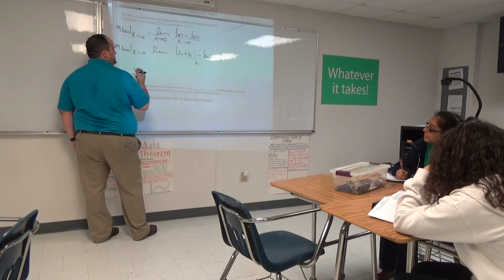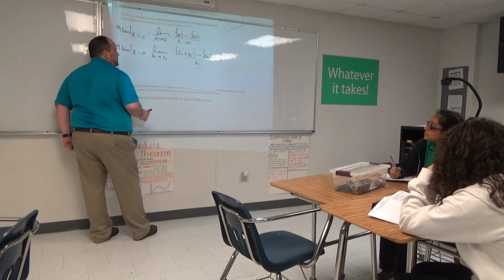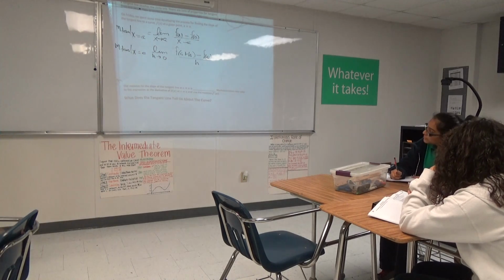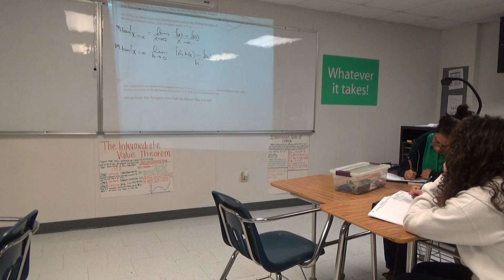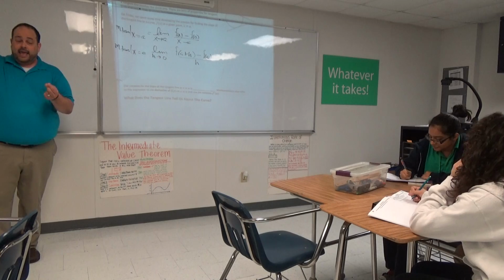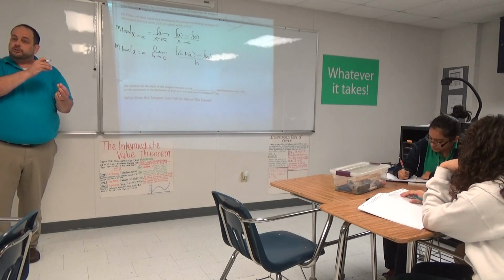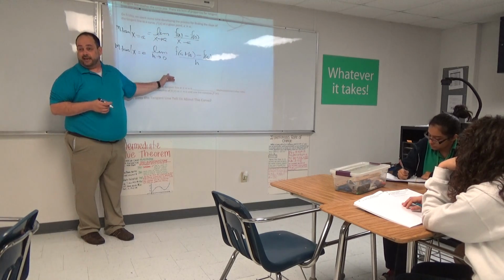And what's the limit we're taking this time? H is approaching 0. Both of these are telling the same story. You have a point that you're interested in, and in order to find the slope of the tangent line, you're going to pick another point and let the second point get closer, closer, closer. Both notations are telling you the same thing.